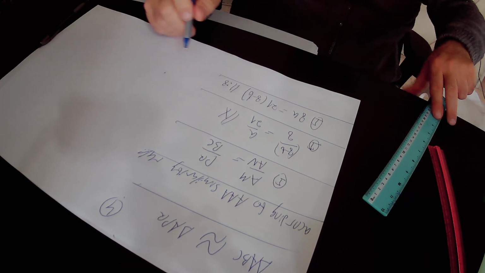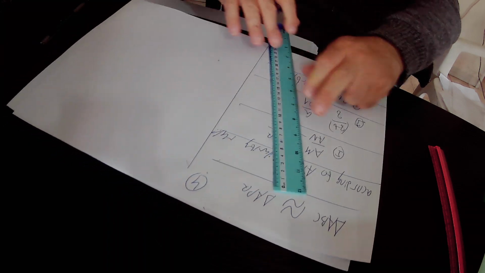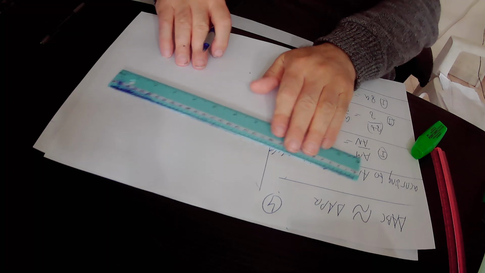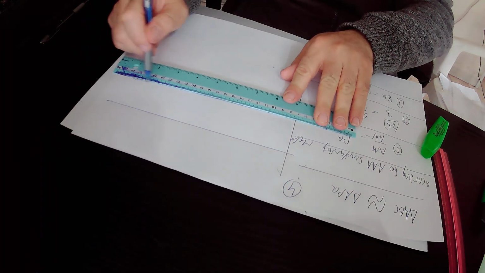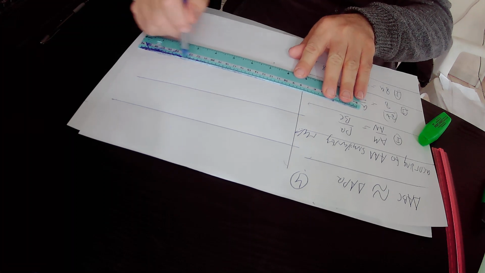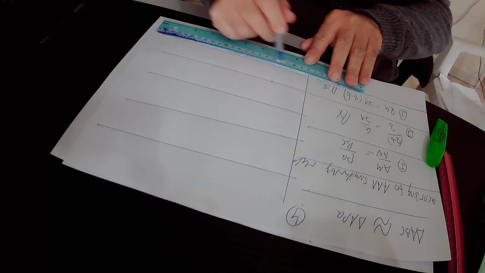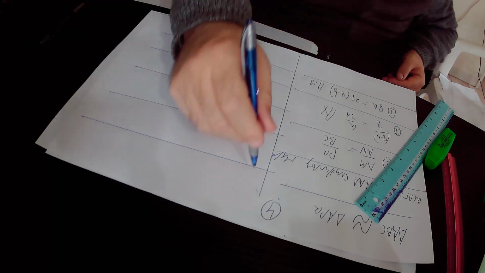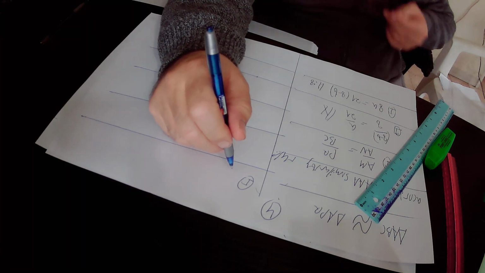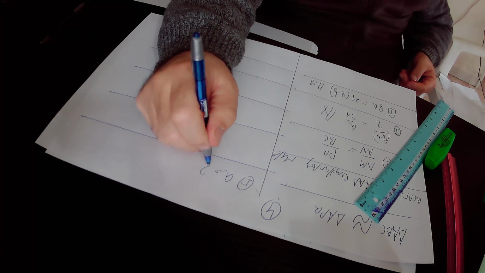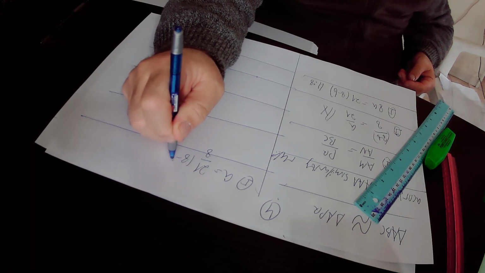Finally we get that according to equation 1, A equals 21 over 8 times 8 minus B.